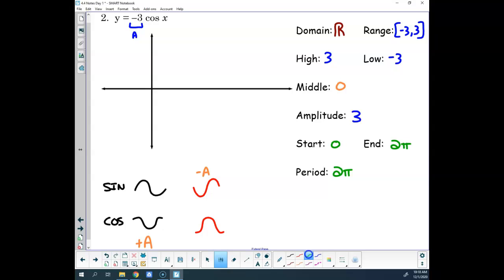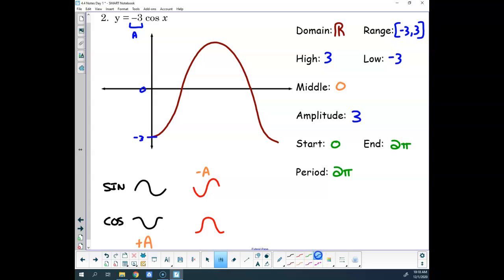So because it's a negative cosine, we're going to flip it over. So instead of starting up high, we're going to start low. It's going to look like that. Filling in, we'll fill in vertically first.